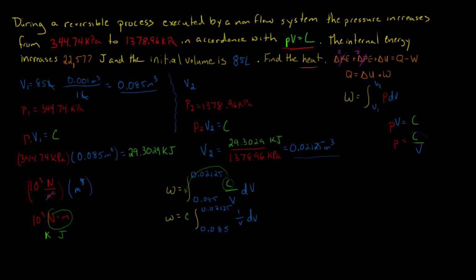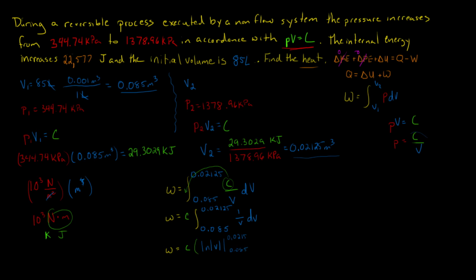And what is this integral? This integral is nothing but the natural log of V. So we're going to have our work is equal to C times the natural log of V, where the natural log of V is evaluated from 0.02125 to 0.085.